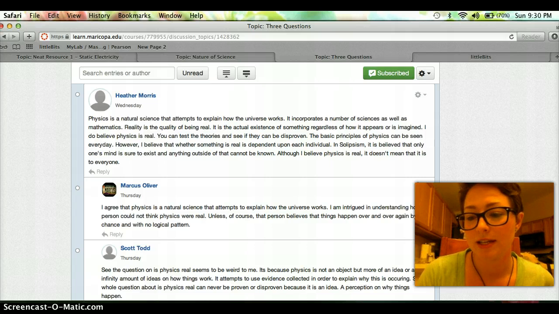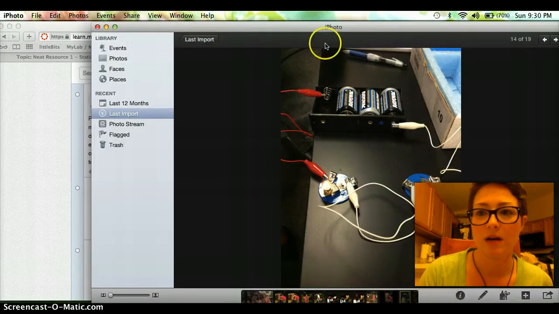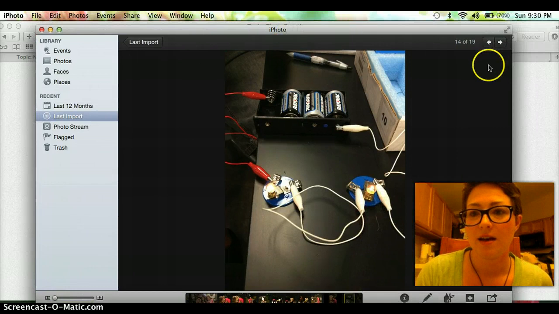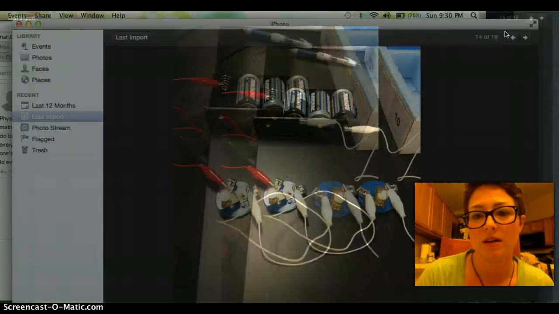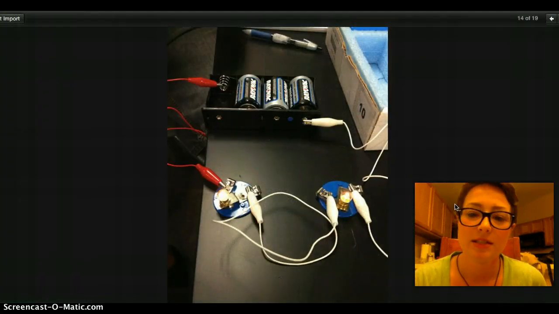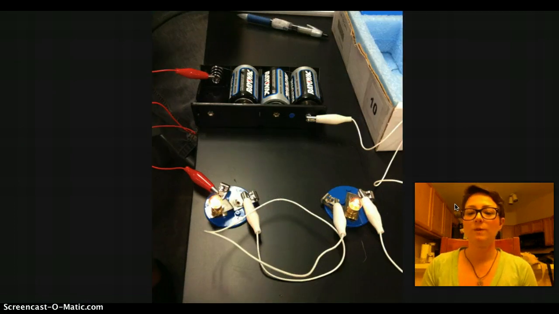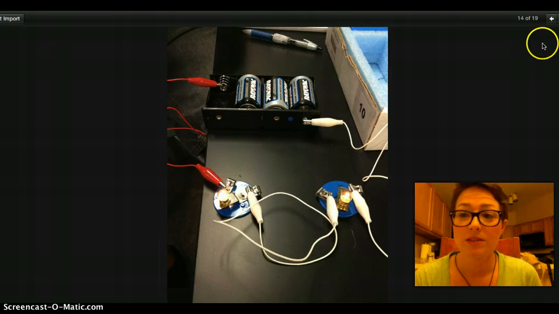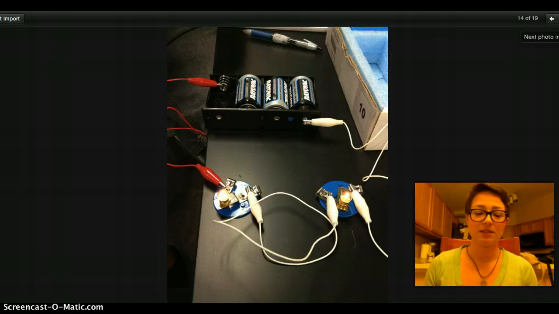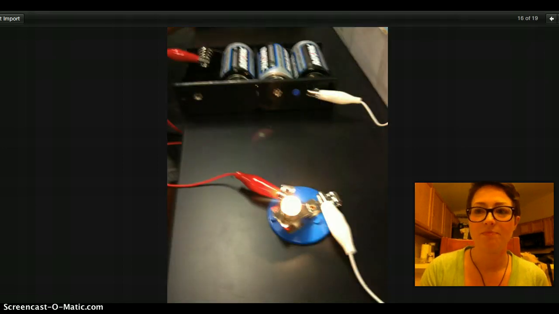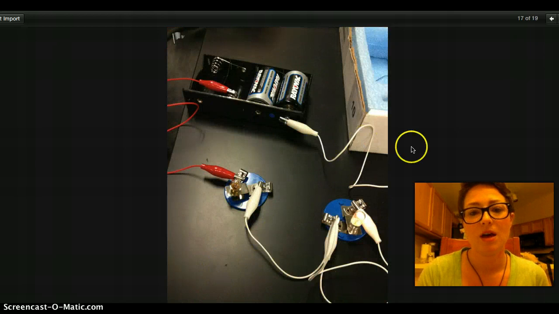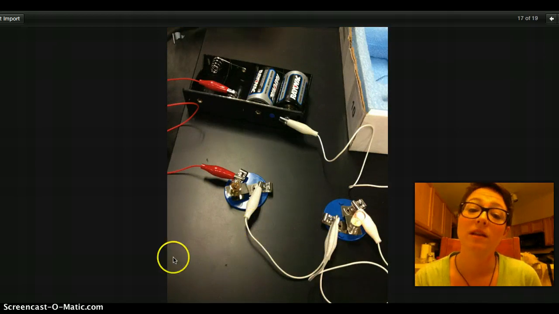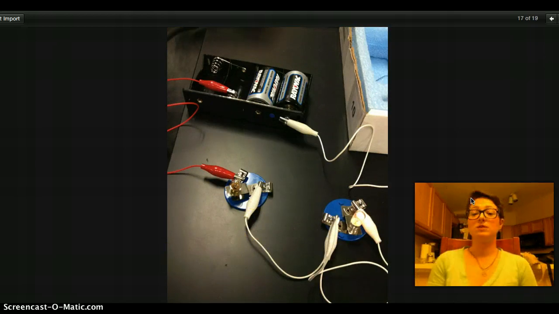I took pictures, and I noticed some people did as well, of what we did in class. This right here is the series setup we did with the 2 round light bulbs. I noticed, and I think we discussed in class, that they dimmed when they were connected, just because in a series the bulbs are separated, whereas when we did the parallel setup, that one was significantly brighter than the other, and that was just because of resistance.